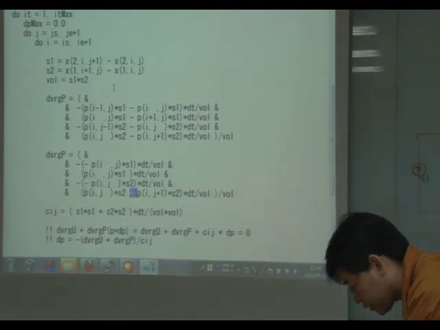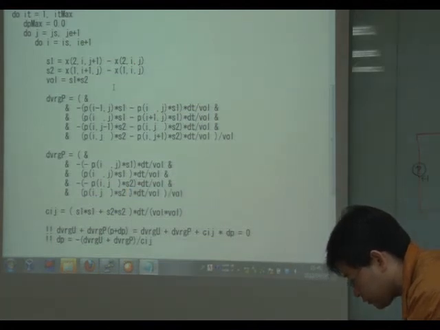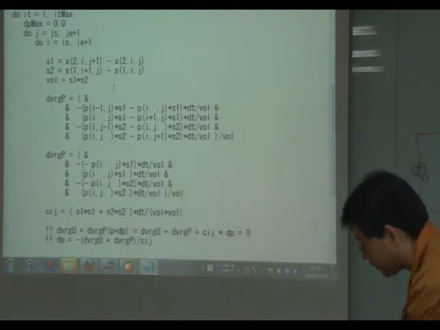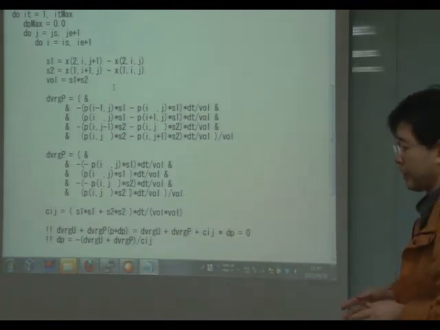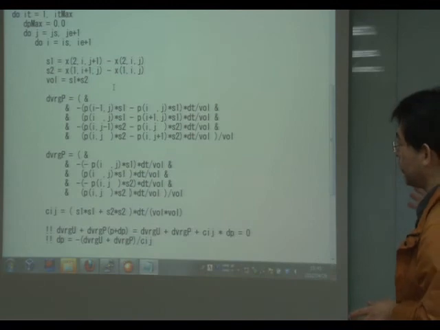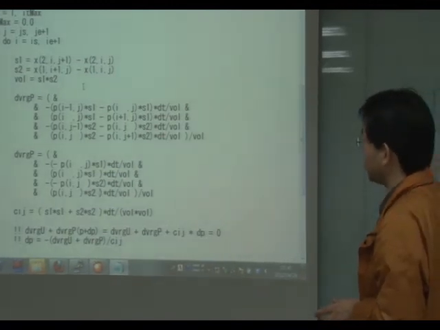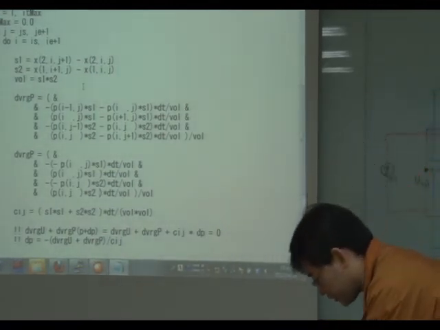What we need is the change of divergence P if we change only Pij, while other pressure values are not changed.